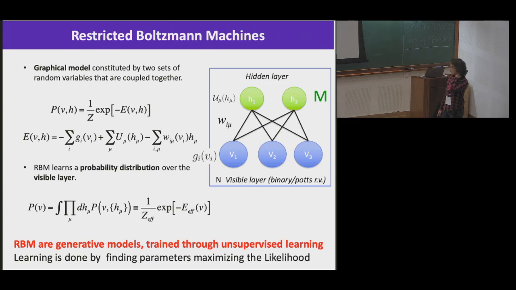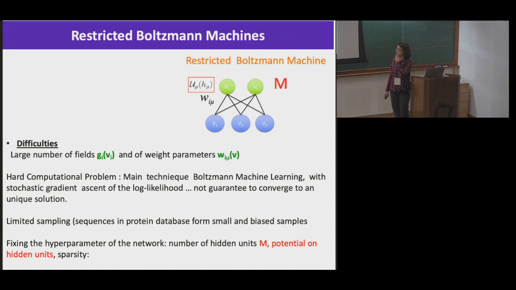So RBMs are generative models, and they are trained through unsupervised learning. This is done by finding the parameters which maximize the likelihood, this probability of your data given the model parameters. This is a difficult problem because there are a very large number of parameters.